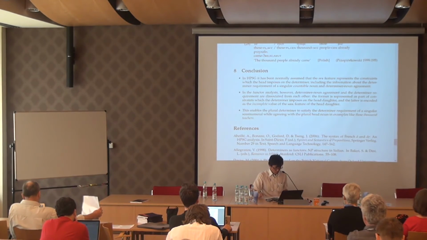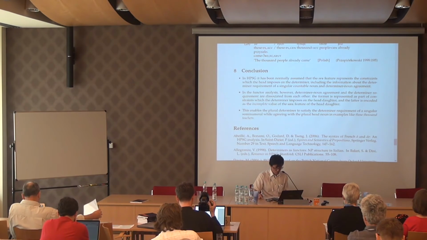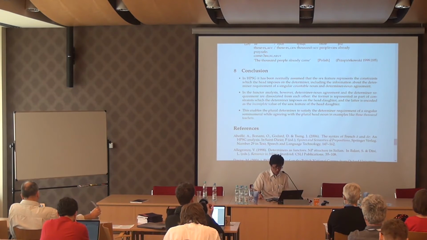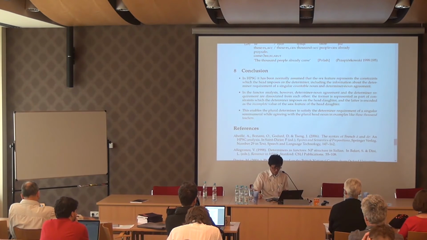So, conclusion. In HPSG, it's been normally assumed that the specifier feature represents the information about the determiner requirement of a singular countable noun and determiner noun agreement. But in the functor analysis, which I've assumed, determiner noun agreement and the determiner requirement are dissociated from each other.